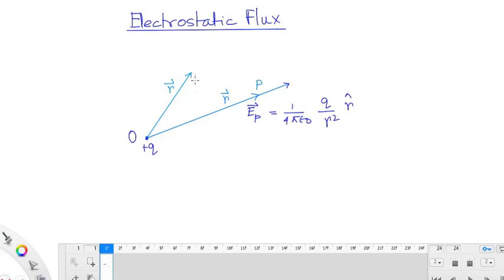The angle with respect to x, y, z will also be different, and the P point will also shift to this point, and the unit vector from this point to this point will be in this direction, and naturally the electric field will also be in this direction.